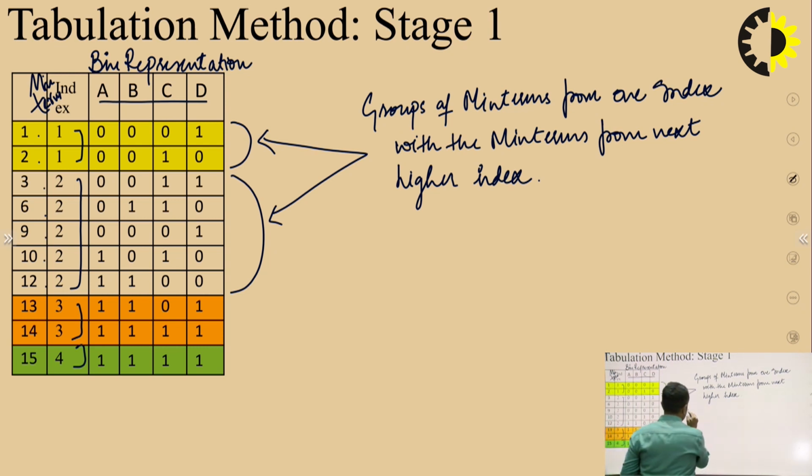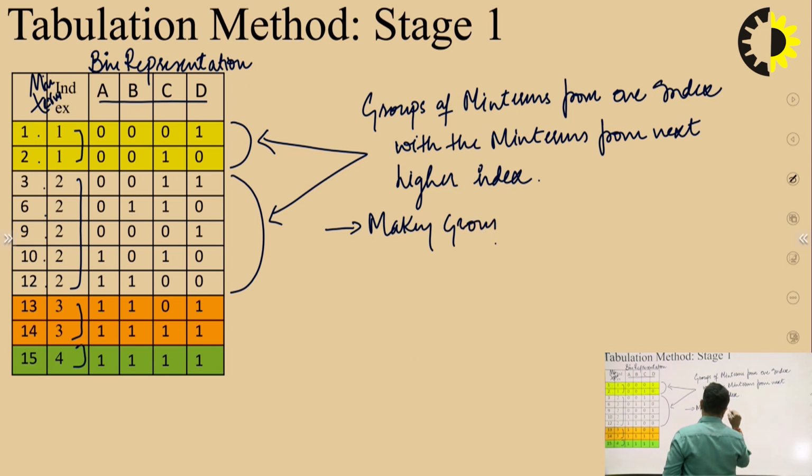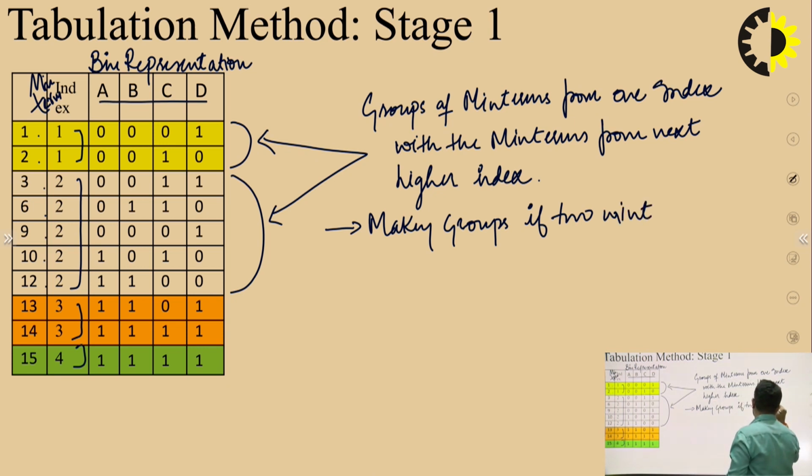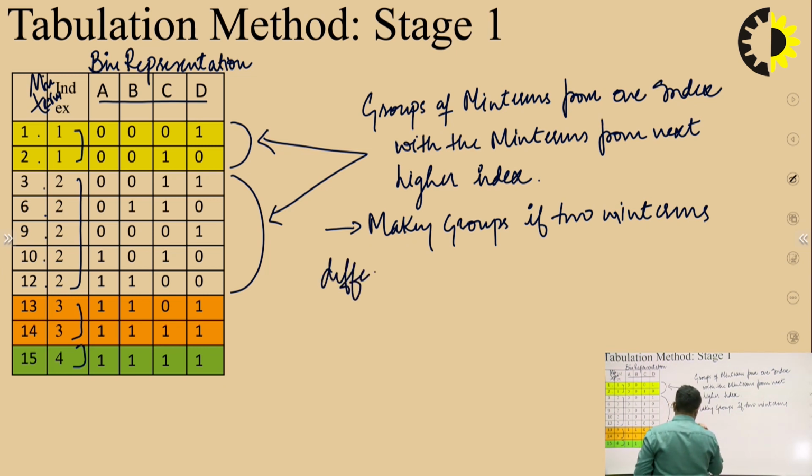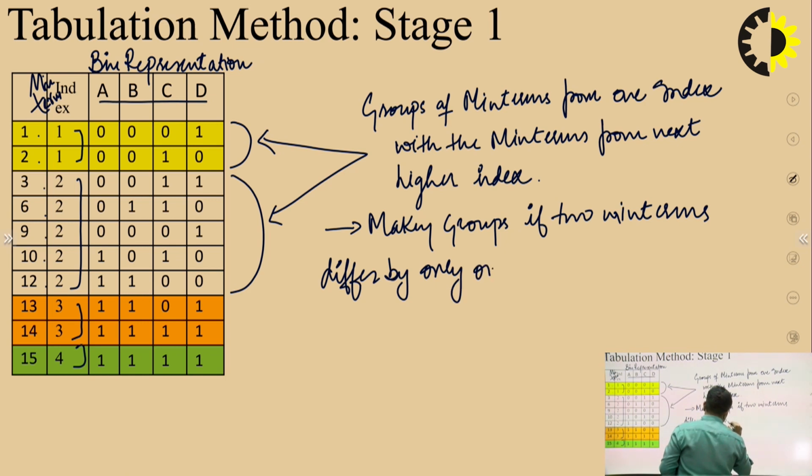Then what is the strategy? How are we going to do that? We will be making groups if two minterms differ by only one bit. That means the rest of the positions should be identical.